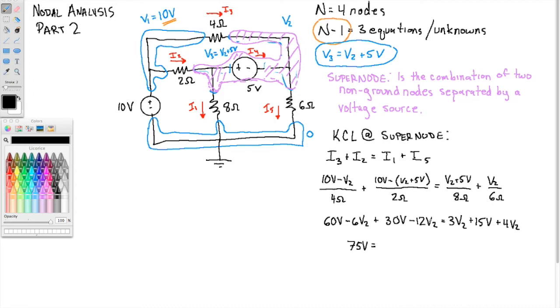When I bring the 12 over, that's 19V2, and when I bring the 6 over, that's 25V2. So that works out nicely. That means that V2 is equal to 3 volts.